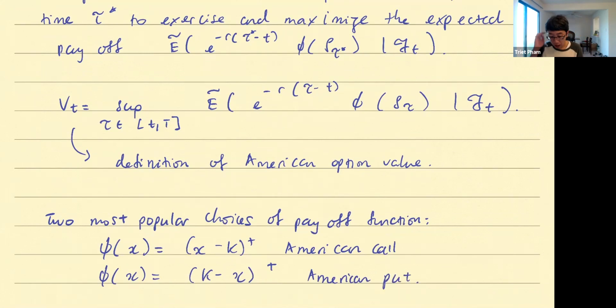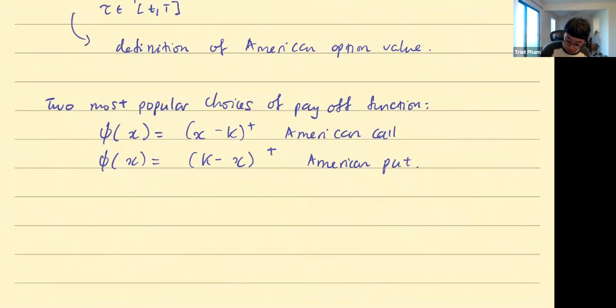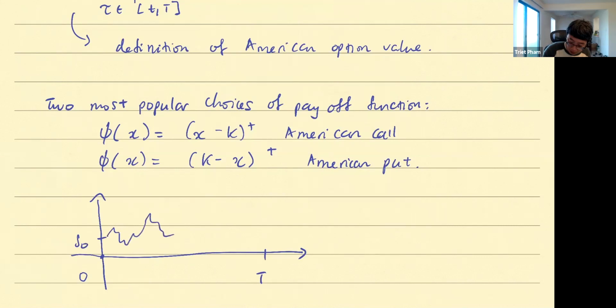I hope that you get the intuition. At least you should try to see what the problem is about. For example, from time 0 to time big T, here's S_0, and the stock can go wherever it wants like this. Suppose here's K, somewhere here.